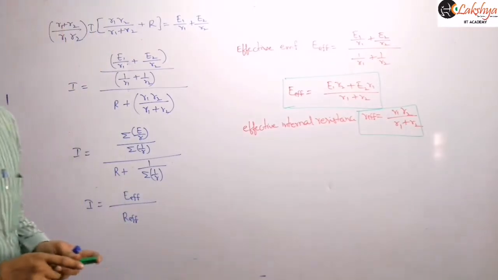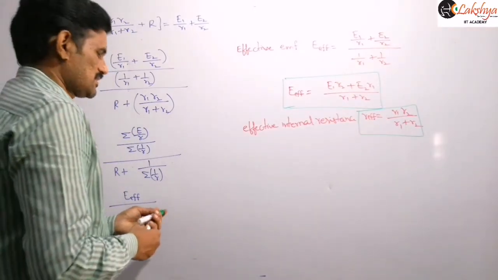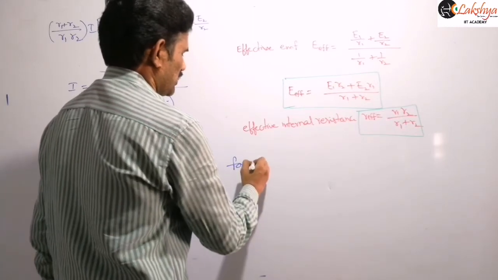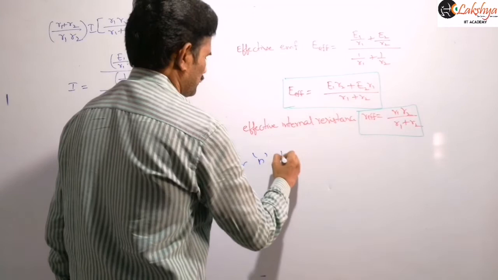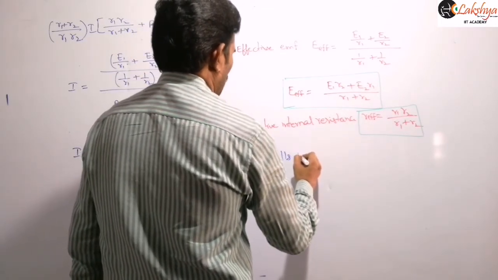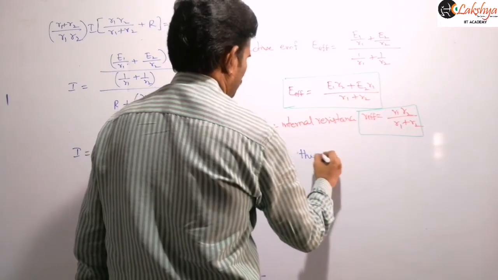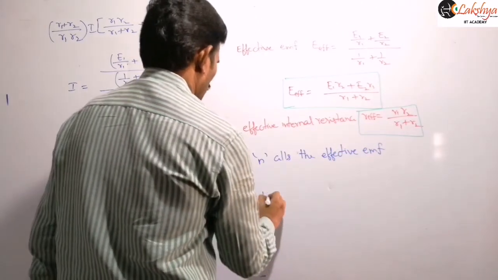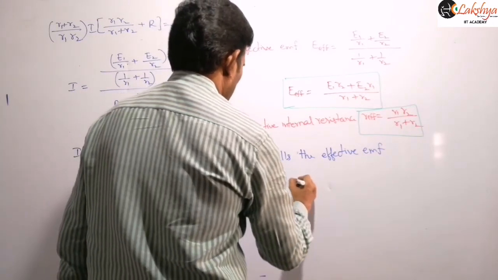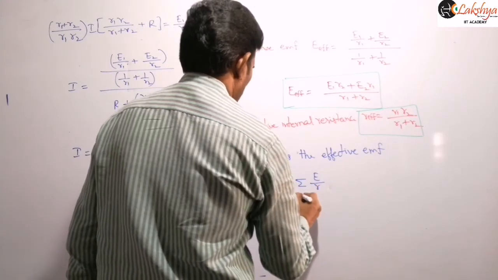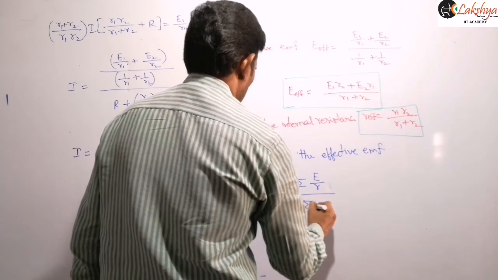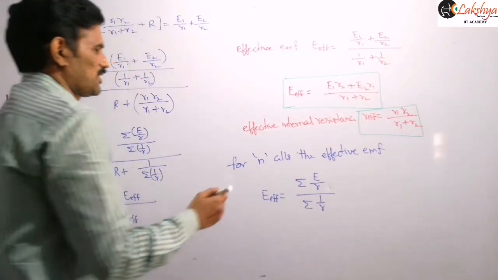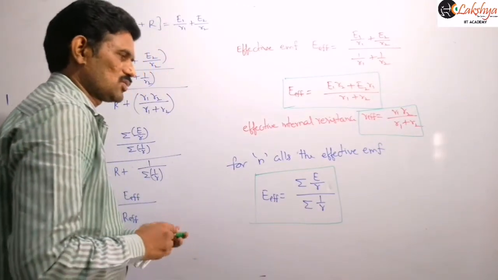Now if you are extending this formula for n cells, the effective EMF is, simply, sigma E by R by sigma 1 by R. You can simply remember this form: sigma E by R by sigma 1 by R, for n cells in parallel.